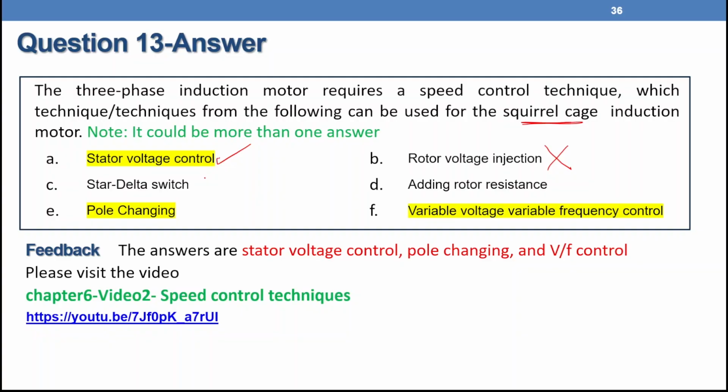Star-delta switch, that one is a starting technique, not a speed control. Adding rotor resistance, that one is not accepted because that one is for the slip ring induction motor. Pole changing, that one can give you multiple speeds or discrete control. Variable voltage, variable frequency. So the answers are A, E, F. To know more about speed control, please visit Chapter 6, video number 2, Speed Control Techniques.